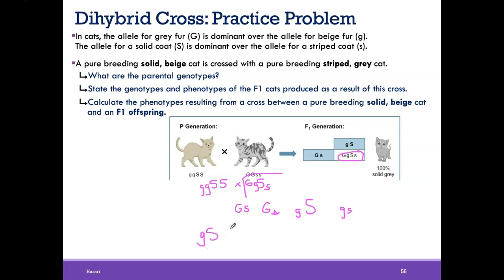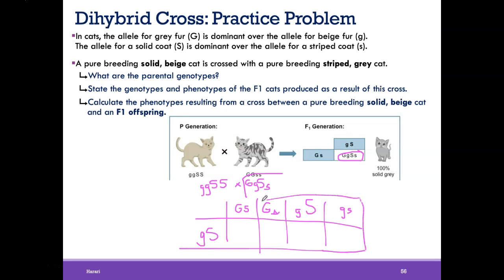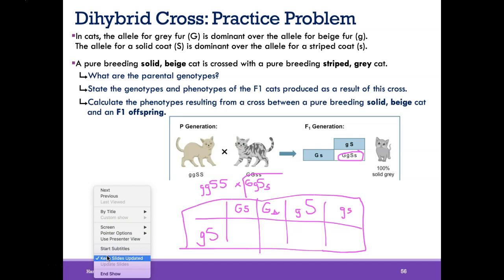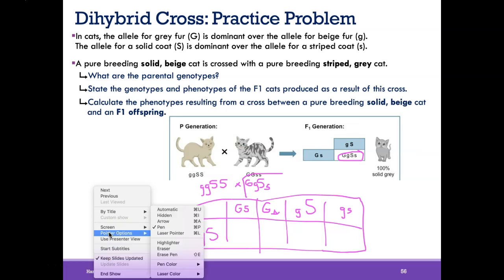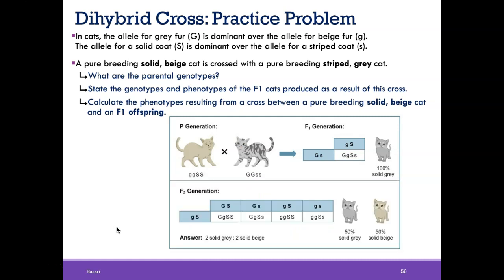So now we just have to do the Punnett square. This is an easier one. If this egg went with this sperm, what would you get? You're going to get 4 possible genotypes. So let's see what we get.